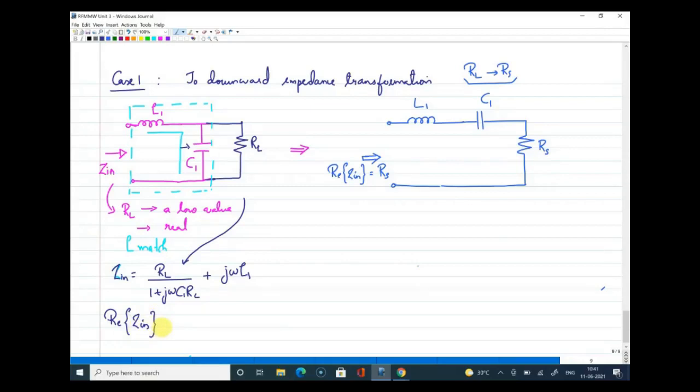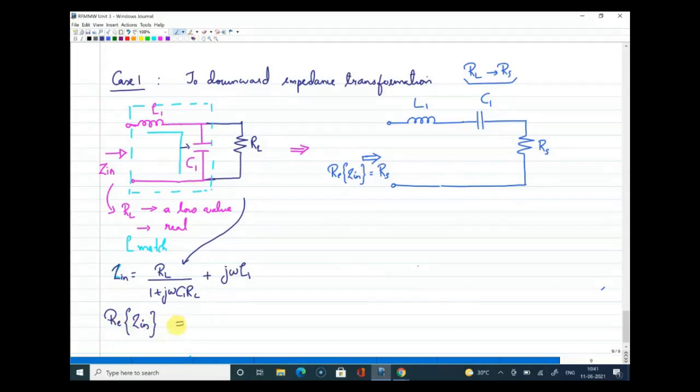So from those two conditions, we are trying to get the equations such that we can design or choose the values of L, C, and of course the RS value, right? So the requirement is the real part of the impedance, and from that I'll get the value, and the imaginary part should be equal to 0.